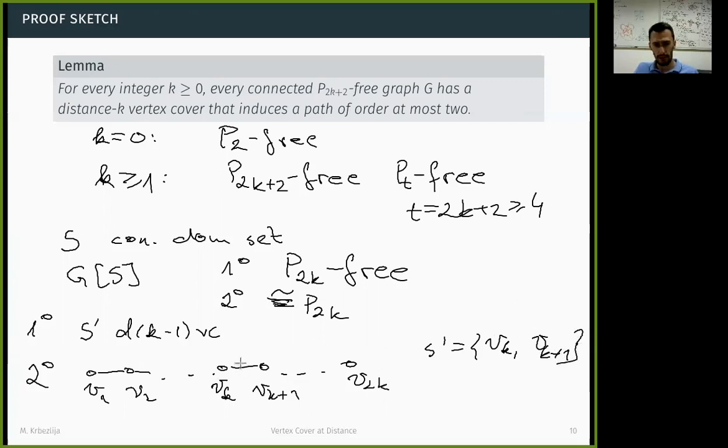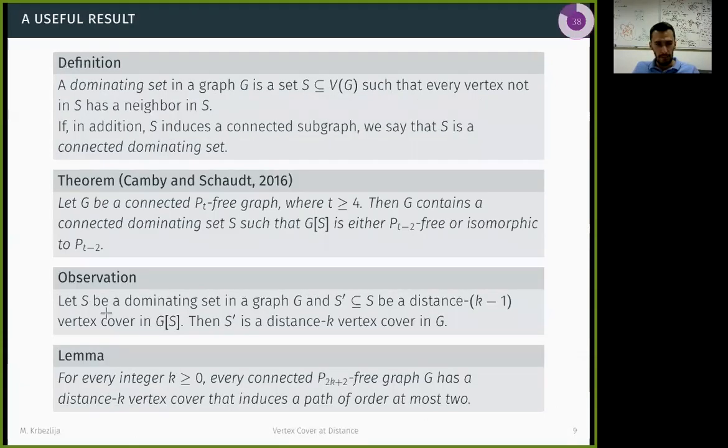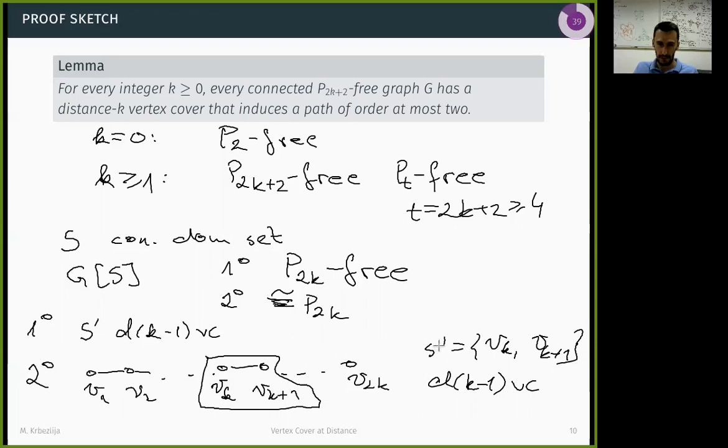Then we can observe that S' is a distance k-1 vertex cover of G[S], and on top of it, S' induces a path of order at most 2. So in both cases, S' is a distance k-1 vertex cover. So by applying the observation, we conclude that in both cases, S' is a distance k vertex cover of G. And in both cases, again, S' induces a path of order at most 2, which proves the lemma.